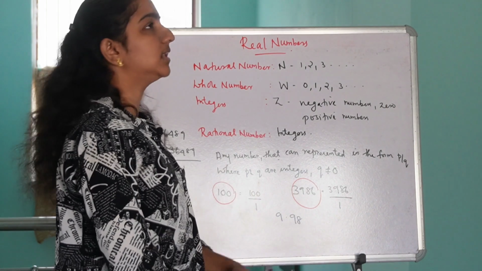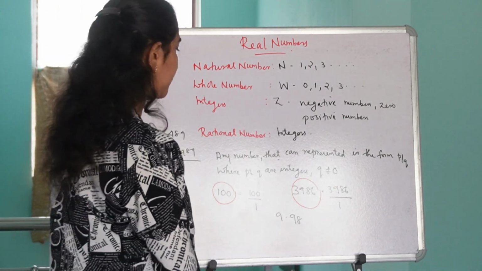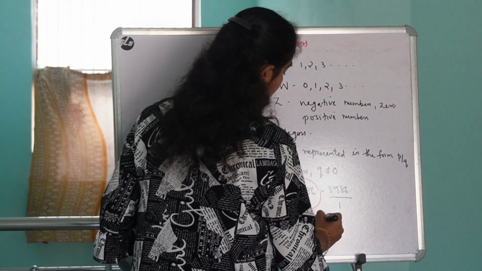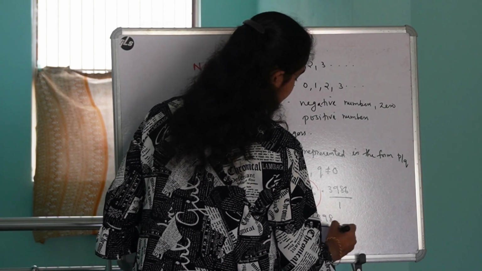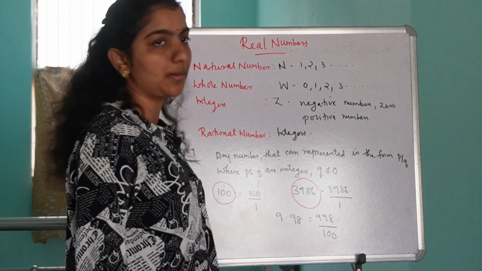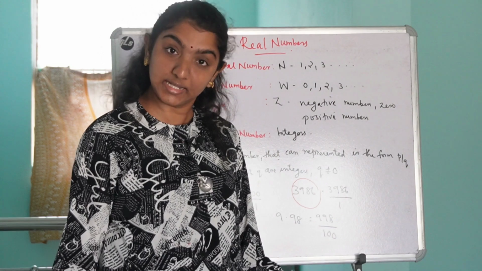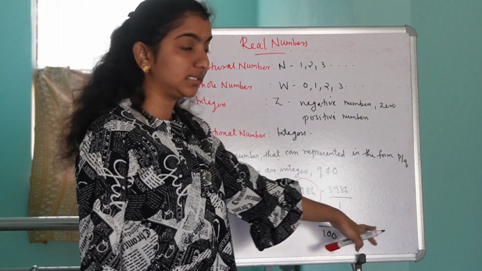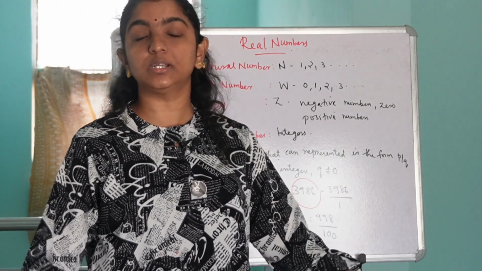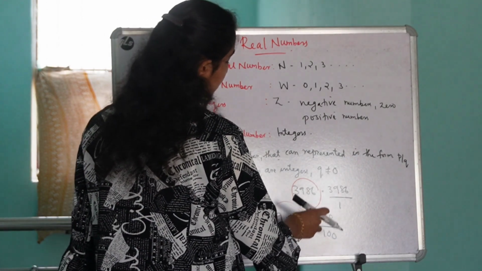Can we write the given decimal number in the form p by q? Yes, we can write it as 998 divided by 100. Here both the numbers 998 and 100 are integers, and the denominator 100 is not equal to 0. So we can say 9.98 is a rational number.